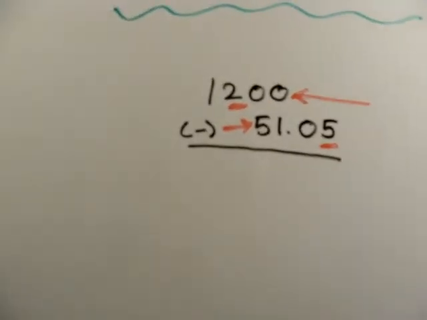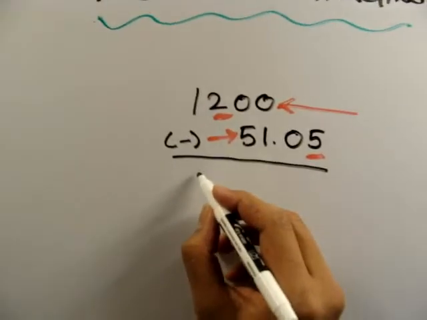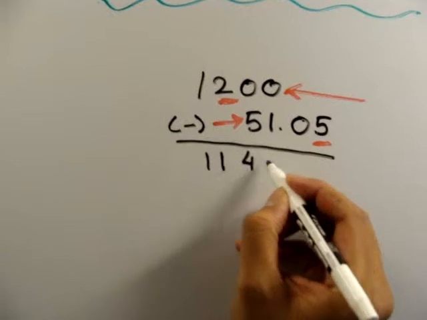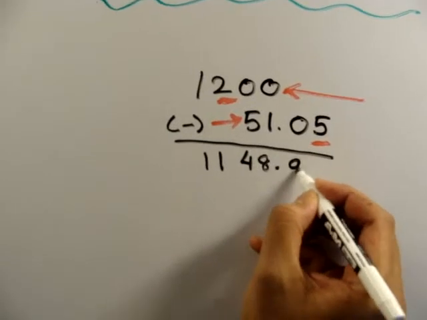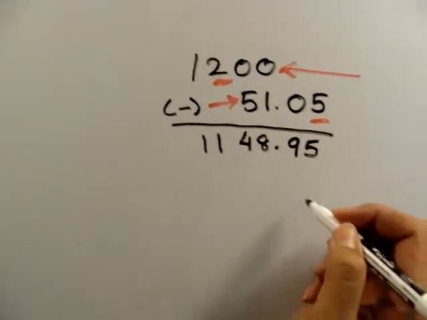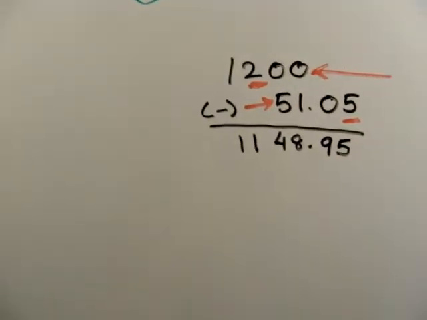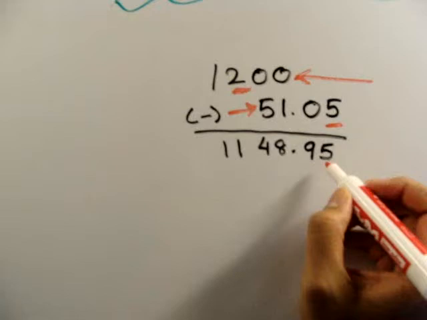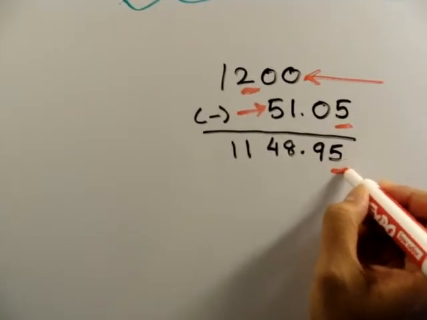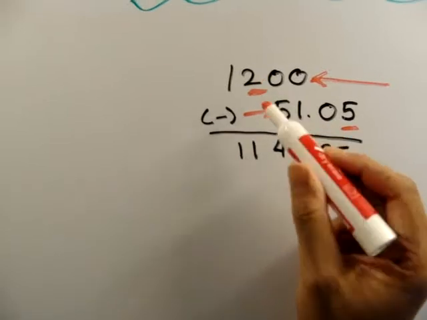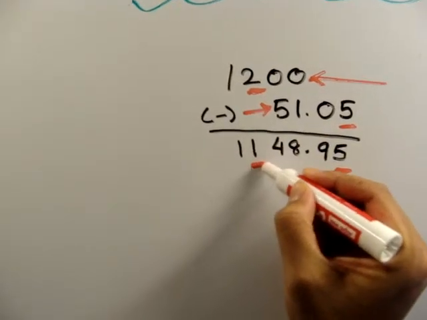So we are just going to do the calculator math here. The answer we get is 1148.95, so 1148.95 is the calculator answer. We're going to bring down our guess digits. This one's here, and this is the guess digit that's carried down, so it's right here.